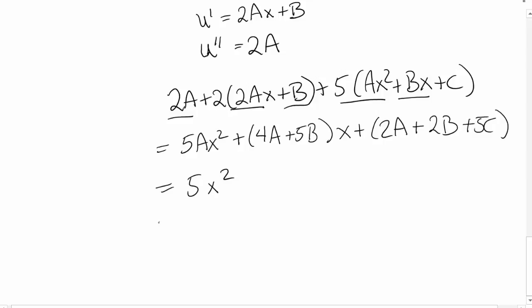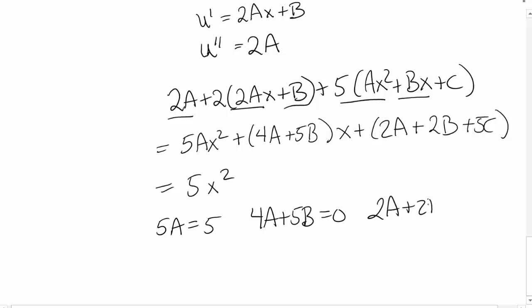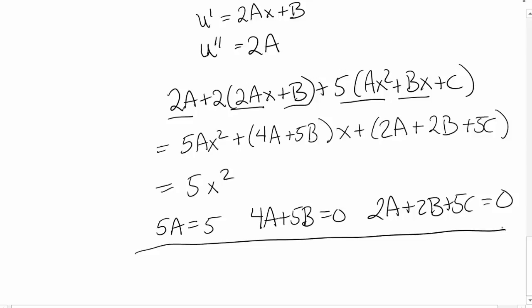Okay, if those two are the same, that means 5a better be 5, and 4a plus 5b better be 0, and 2a plus 2b plus 5c also better be 0. And you'll notice here, if you go back in the video, that this is the exact same system that I got before.